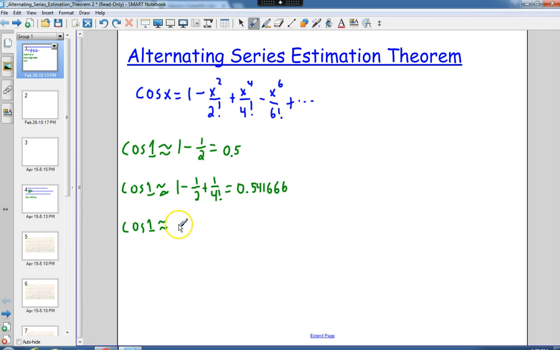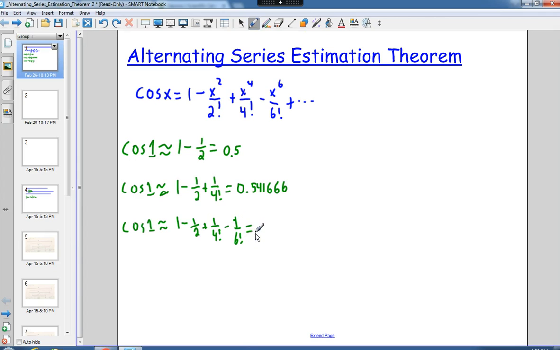Now I'm just going to move on to the last partial sum, which will be the sum of the first four terms of our particular series. For that, we would have to add on the next term of our series by plugging 1 into our Maclaurin series for cosine. That would be 1 to the 6th power, which is 1, over 6 factorial.